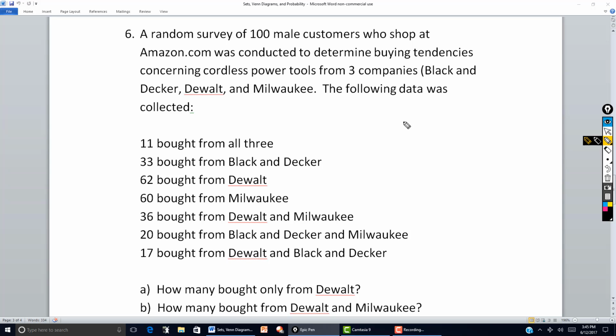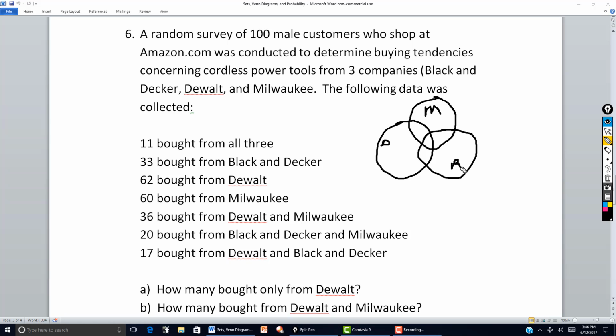I'm going to draw them here. I'll label this D for DeWalt, this one M for Milwaukee, and this third one Black & Decker. I won't put the rectangle, but these are contained in the universal set.